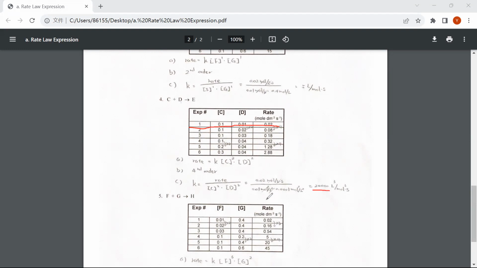And we plug in all the units. So units also have to be to the power of 2 in this case for the denominator. And when we cancel out the units from the numerator and denominator, we get our final units for k.